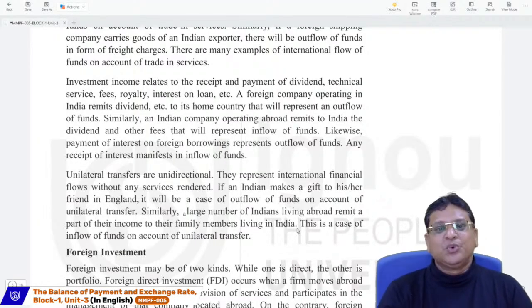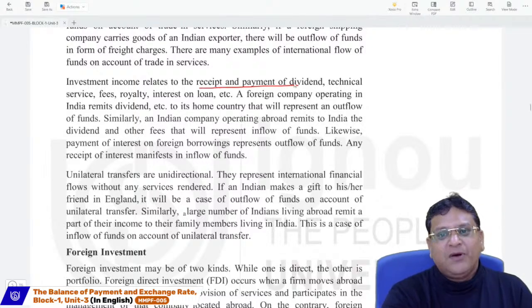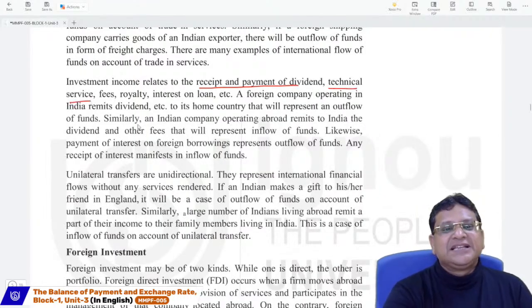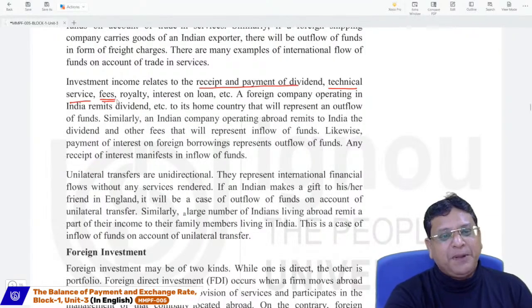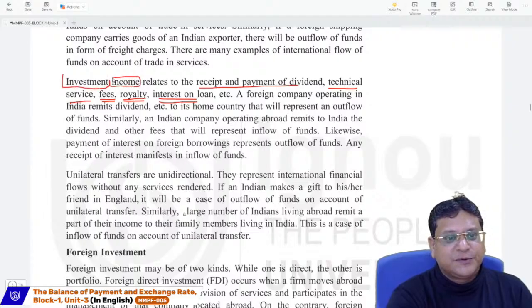It refers to receipt and payment of dividends on foreign assets, receipts and payments in relation to technical services, fees, royalty, and interest on loans. These are known as investment incomes.